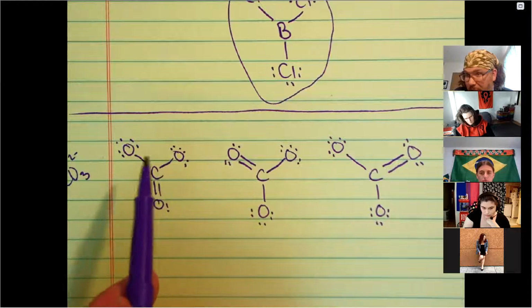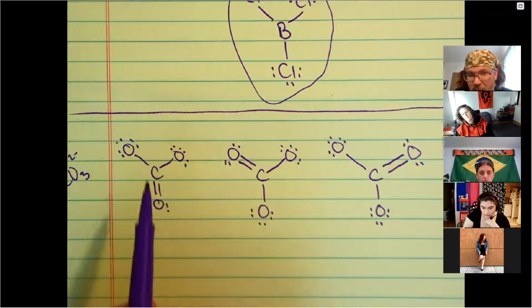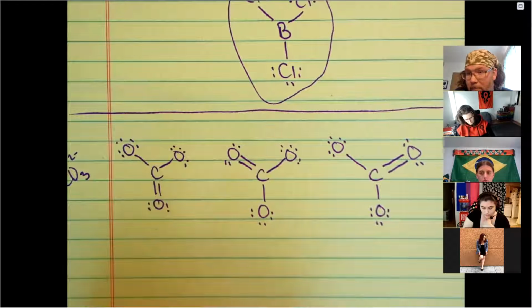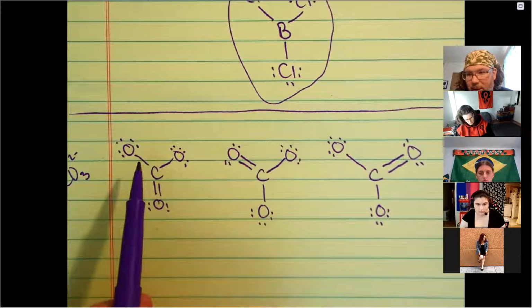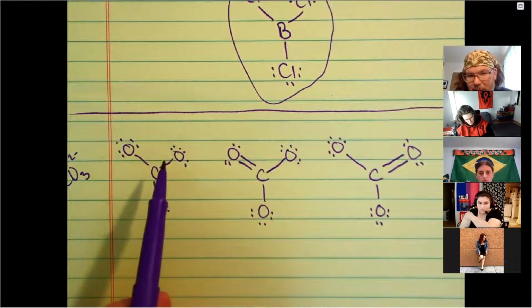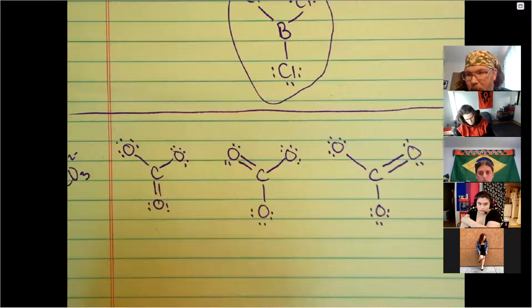Because 2 of the bonds look like single bonds to us in a Lewis structure, and this one looks like a double bond. It turns out that when we measure the length of the carbon-oxygen bonds in carbonate, this bond is exactly the same length as this bond. And that's exactly the same length as this bond. All 3 of the bonds in carbonate are identical.